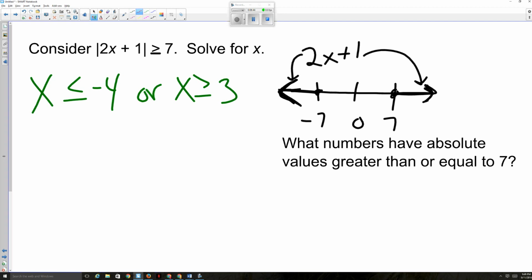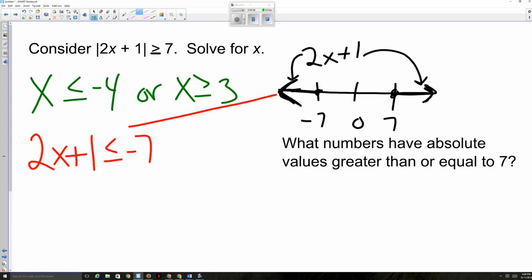So based on that, what I can write is 2x plus 1 is less than or equal to negative 7. That's this region here. Or 2x plus 1 is greater than or equal to 7. And that's this region here. Okay? So notice two different things happen.